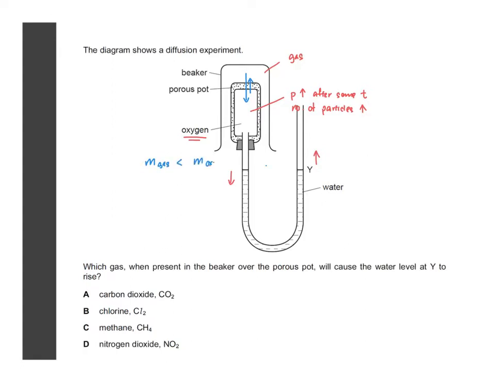Now there's actually a little trick in this question, which is in finding the mass of oxygen. Very often students will tell me that the mass of oxygen is 16 because that is what is shown in the periodic table. However, for this type of question, we must be aware of something called diatomic molecules.